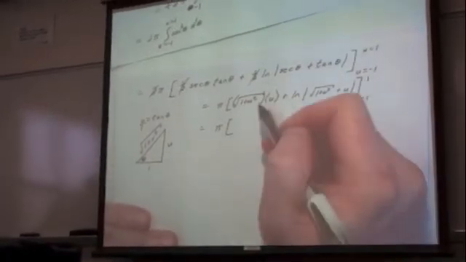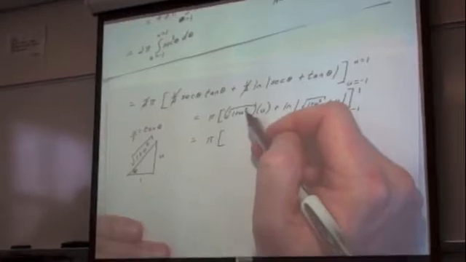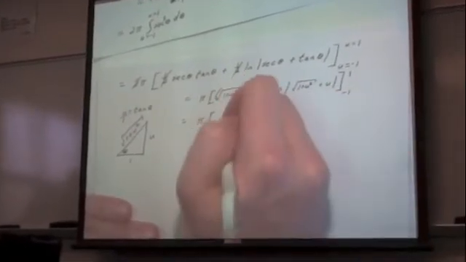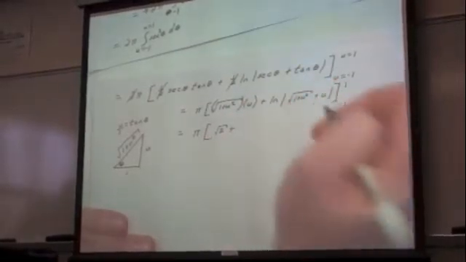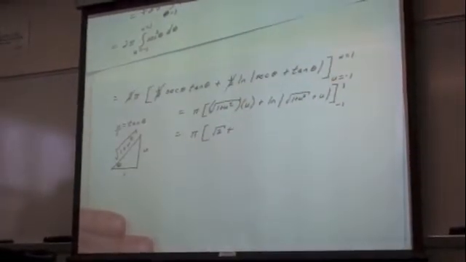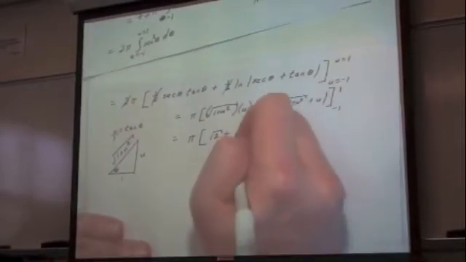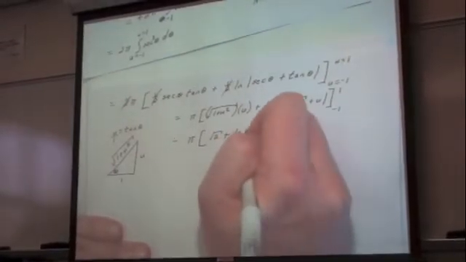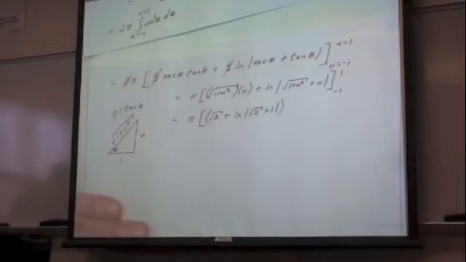When I evaluate this at 1, I'll have the square root of 2 times 1, square root of 2, plus the natural log of the square root of 2 and then plus 1. I'll say that's my first group.